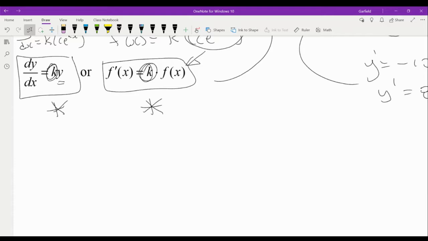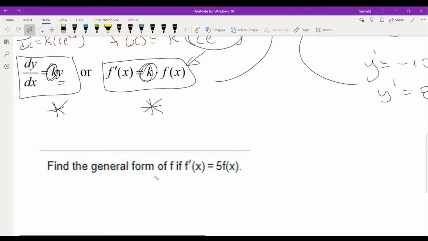I'm going to copy the first problem, number 1. So here we go. Let's define the general form, which is the original equation.